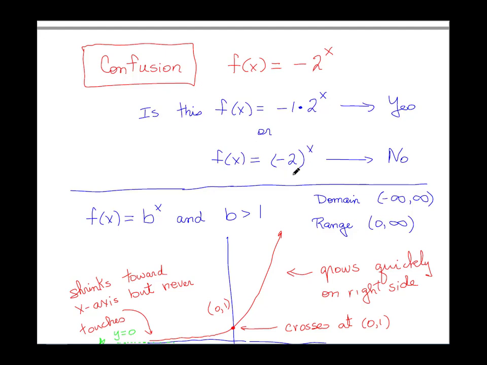It's not this case where you'd have a negative number raised to the x. Now you might say, well, how do you know that? Well, if you look back to the order of operations in mathematics, some operations take precedence over others. In this case, being an exponent takes precedence over the negative in the front. That's why you know it's minus 1 times 2 to the x.